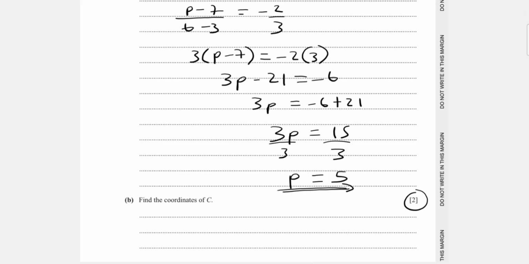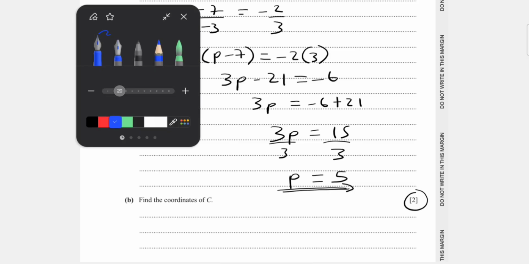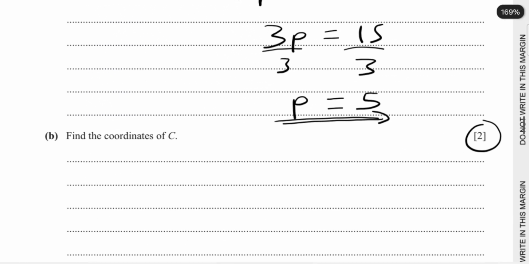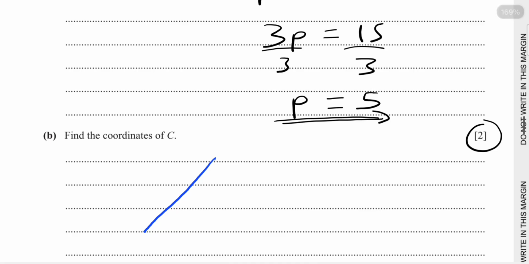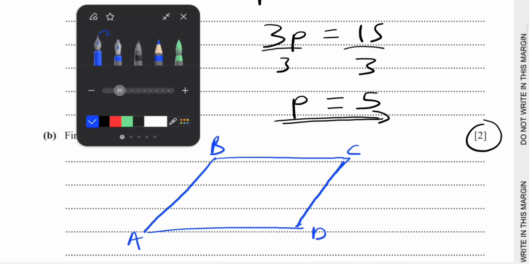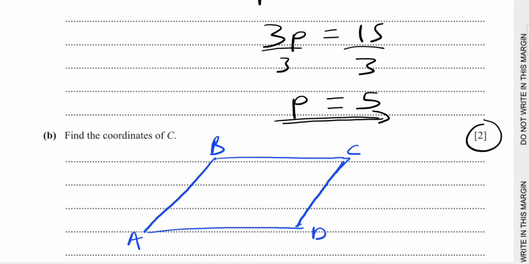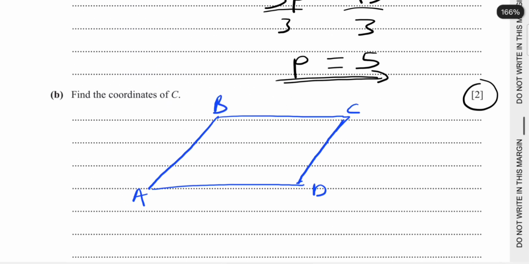Then for 2 marks, it says find the coordinates of C. So I'm going to try and draw a sketch, right? Our shape is something like this, with A, B, C, and D. It doesn't have to be accurate, it's just a sketch.